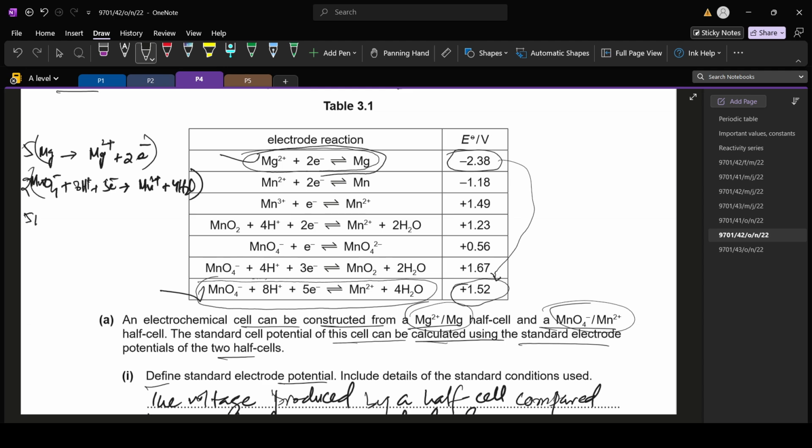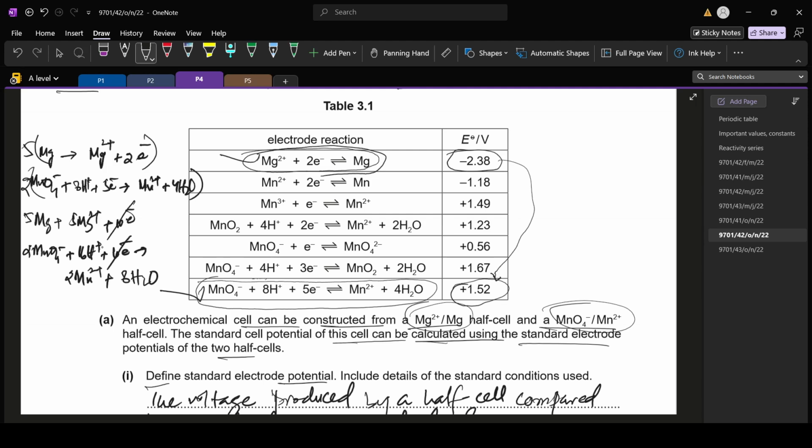So this will be 5 Mg giving 5 Mg2 plus plus 10 electrons, and 2 MnO4 minus plus 16H plus plus 10 electrons giving 2 Mn2 plus plus 8 moles of water.